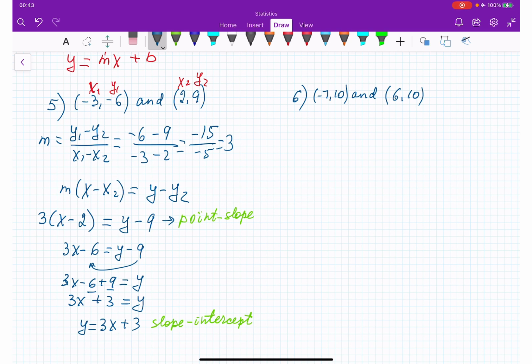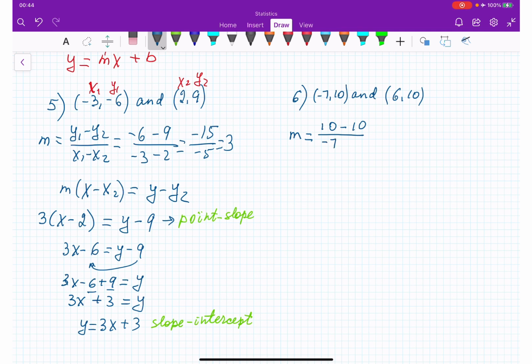Okay, let's get going. So I'm going to look at the notation in example 5 and solve exactly the same way because we're going to do the same thing. So m is equal to y1 minus y2, 10 minus 10. And what do we have here?